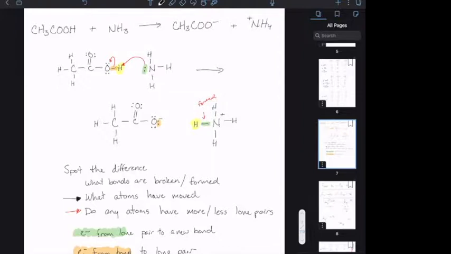Okay, so our chemical equation shows us what reactants combine to make what products, right? When we go a step further and actually draw what we call the mechanism, so this would be the actual mechanism of this reaction. This is the chemical equation, kind of the first piece of information about any chemical reaction.